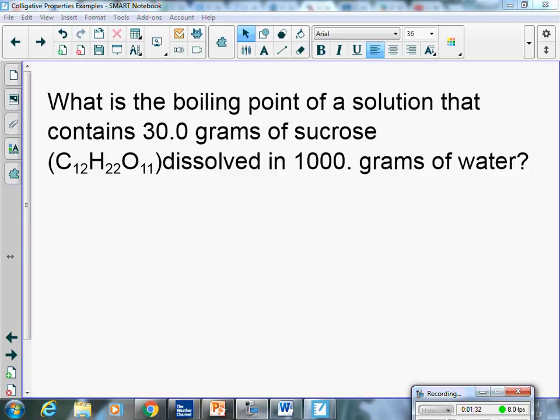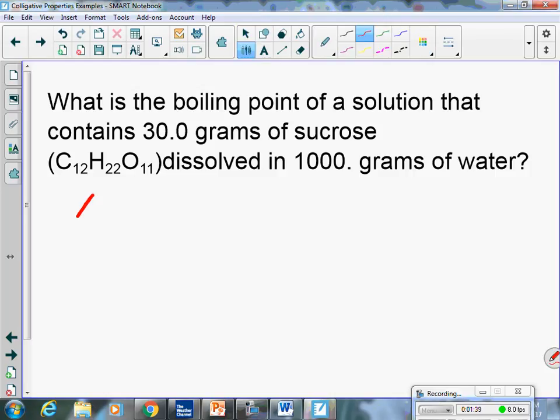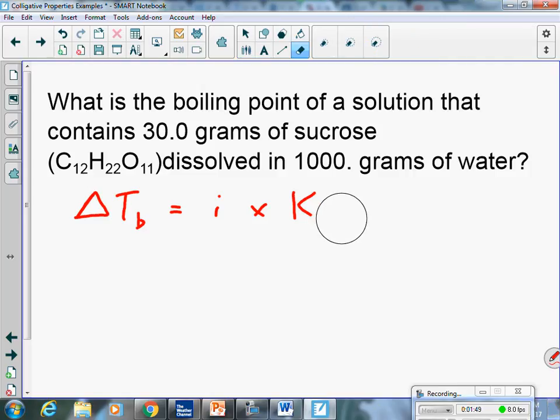So like I said before, what I like to do is write down my equation I'm using. I start off with the boiling point, Van't Hoff's factor times the boiling point constant, not the freezing point, and times the molality.